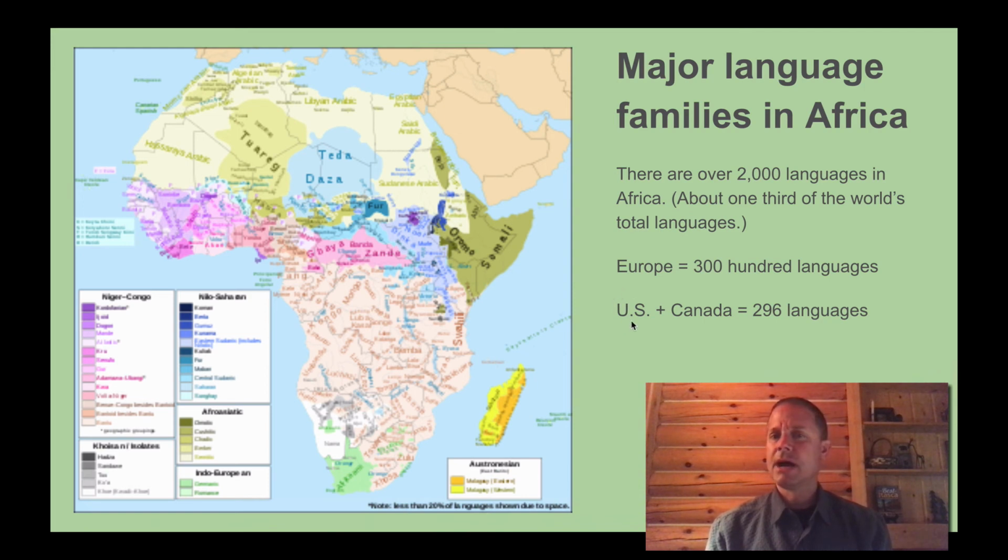And you might be wondering, how are there 296 in the US and Canada? Isn't it just English and French and maybe some Spanish? There's lots of indigenous groups that have their own languages, and there's lots of other small groups. If people from Somalia moved to Minnesota and there's a little group of them there, they speak Somali, that would count. So about 300 languages in the US and Canada.